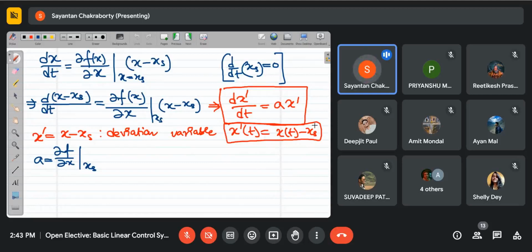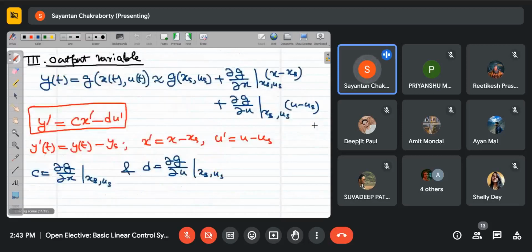That is beyond the scope of this course, but this linearization is very important because you may think, okay, we have learned everything on linear time invariant systems, but the system that I am actually trying to deal with is a nonlinear one. Then how do we deal with that? For that, this linearization technique will give you some idea about the system's behavior and how it can be analyzed.